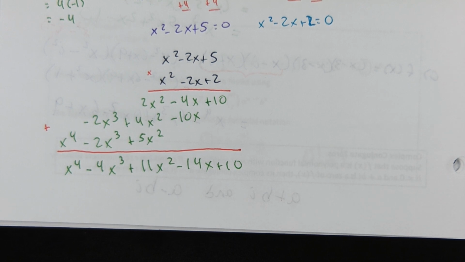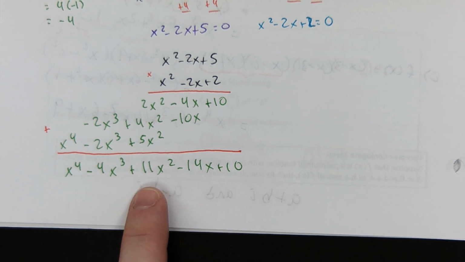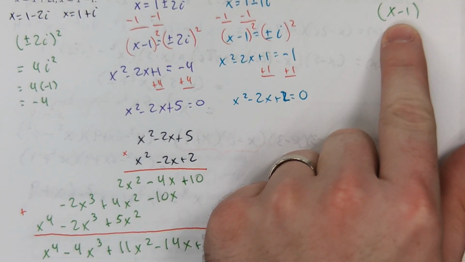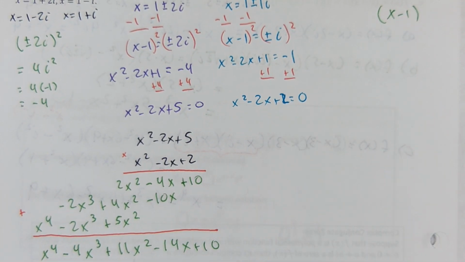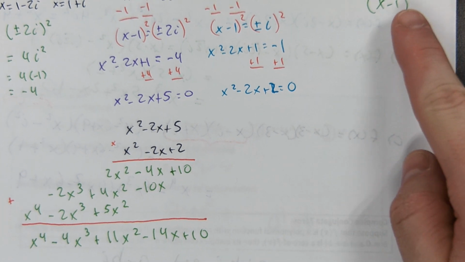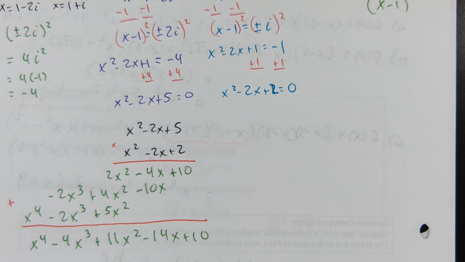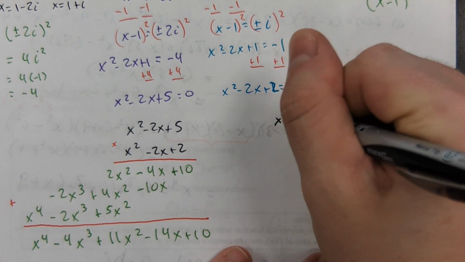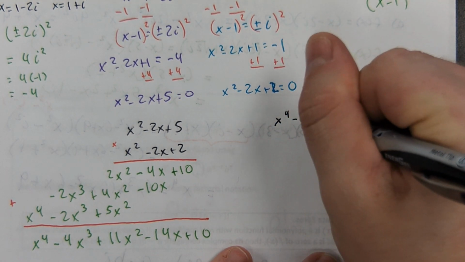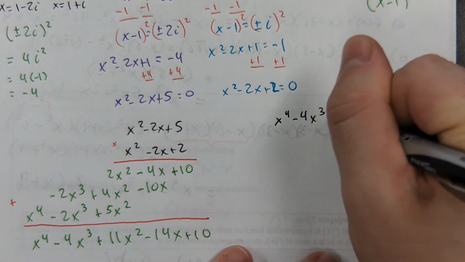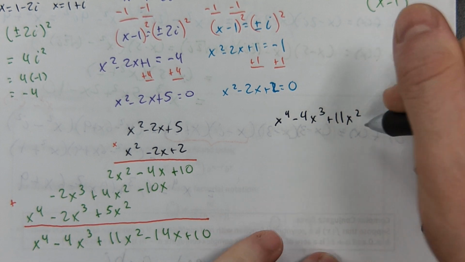They're all just stacked nicely. I now have this 4th degree polynomial as a factor and this x minus 1 as a factor. So we're not finished until we distribute this x minus 1 to this thing. It is very tedious. Yes, that's why I say it's tedious. It's not very difficult. It's just a very lengthy process.